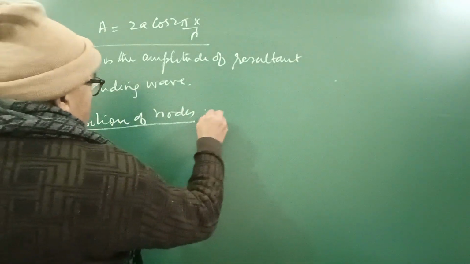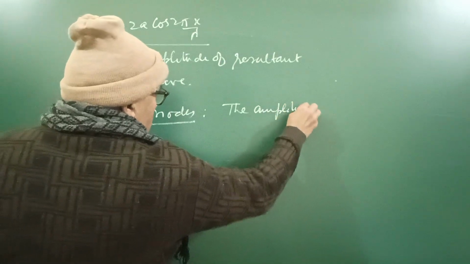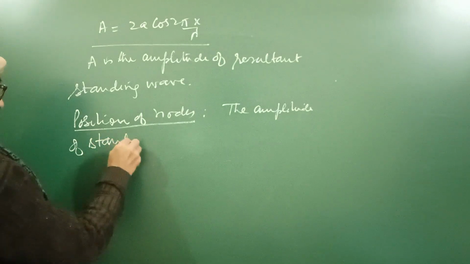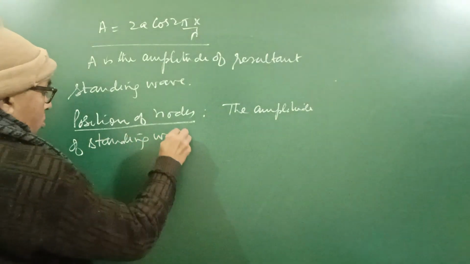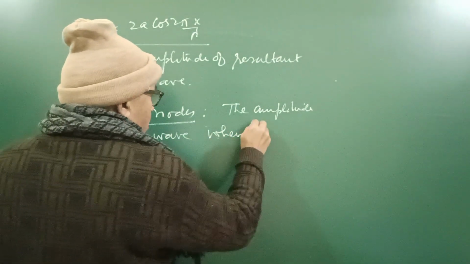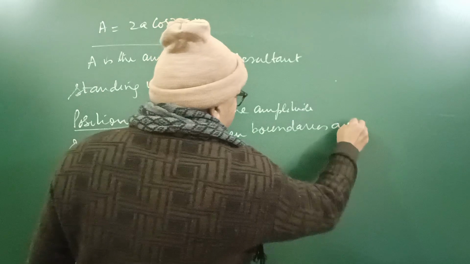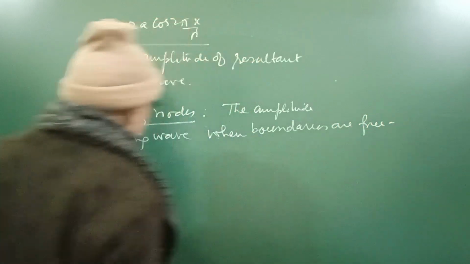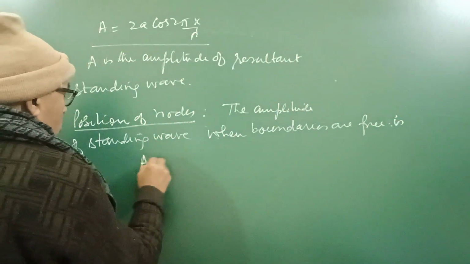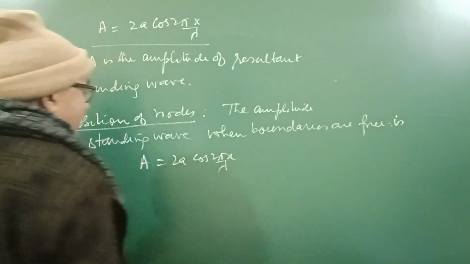So the amplitude of the standing wave, when boundaries are free, is A equal to 2a cos 2 pi x upon lambda.